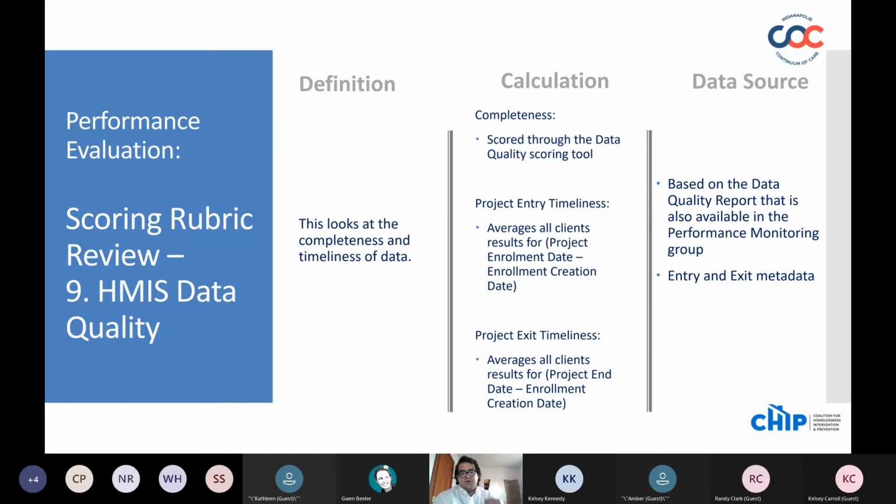All of your information when you input a client is timestamped. So if you had done an intake for a client at the beginning of the month, May 1st, but didn't enter their information in until today, we are looking at the project start date, which would be May 1st, and looking at the difference of when you actually created the enrollment, which would be May 19th.